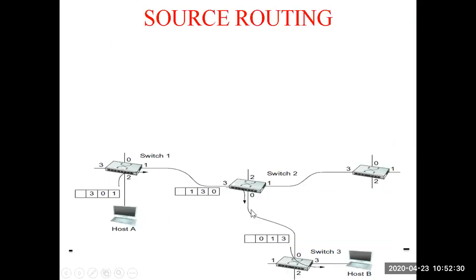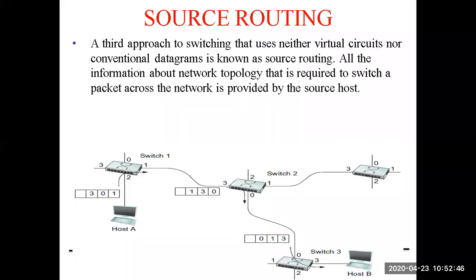Look at this diagram, the same example which I used in the other two switching techniques. By the name source routing itself, it is understood that the source will create the path, decide the path, and in which path it has to move.